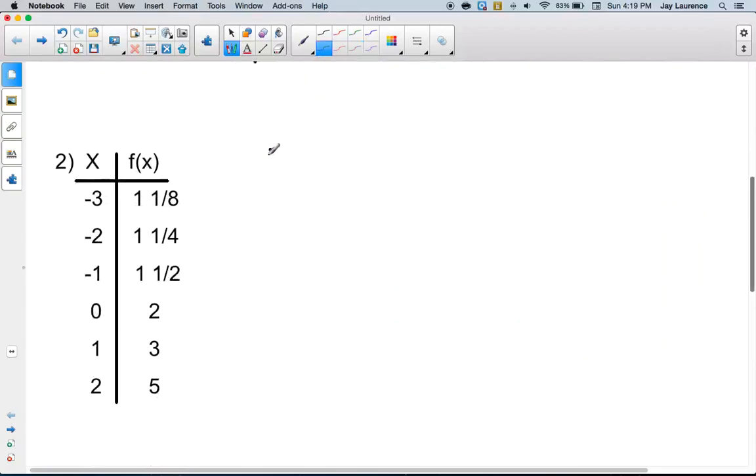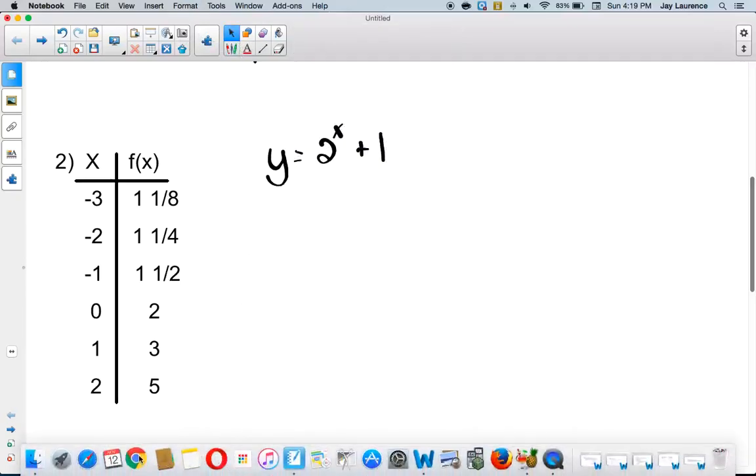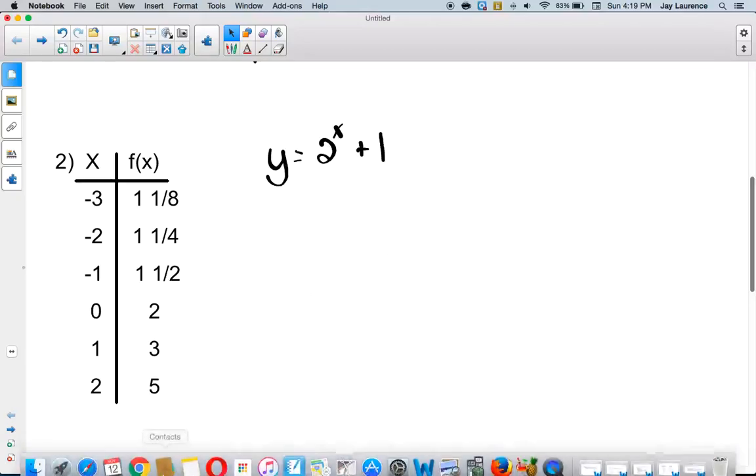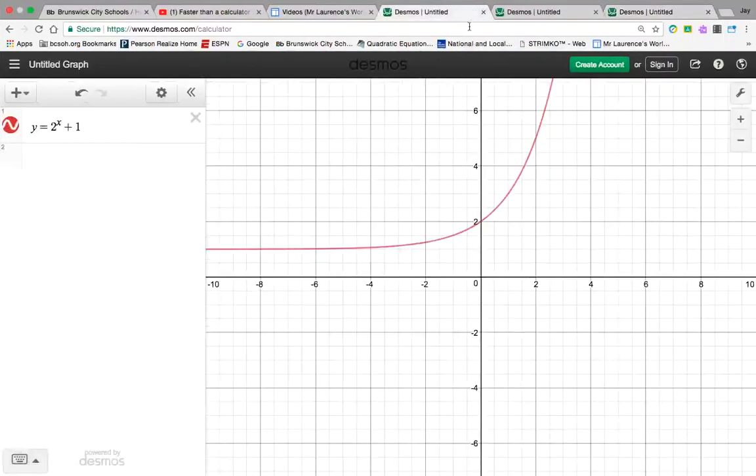This time it's y equals 2 to the power of x plus 1. Okay, and let's go ahead and take a look at the graph. I've already got it graphed. Okay, y equals 2 to the power of x plus 1, or f of x equals.